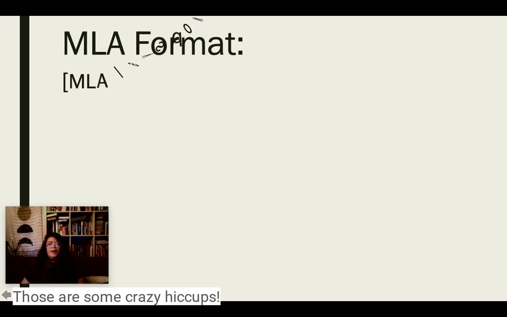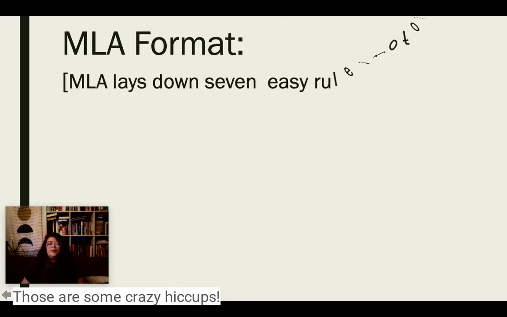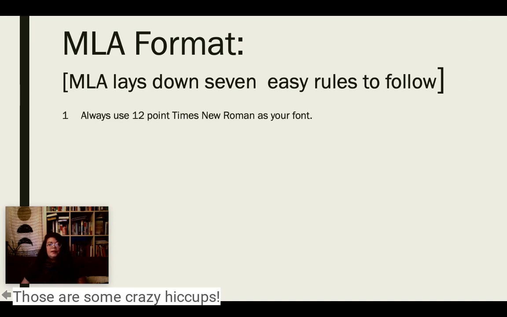So MLA lays down 7 very easy rules to follow, right? The first one is always use size 12 Times New Roman font, which we've been over 100 times. So I hope we're starting to remember this, right?